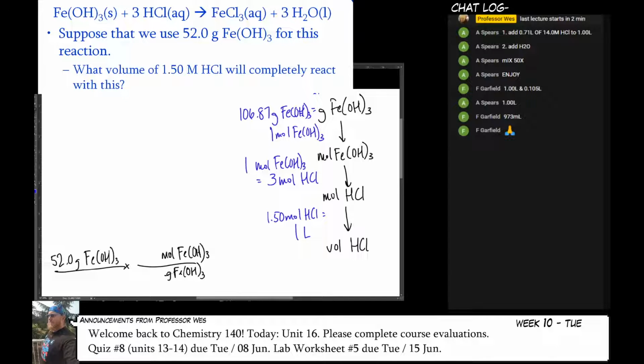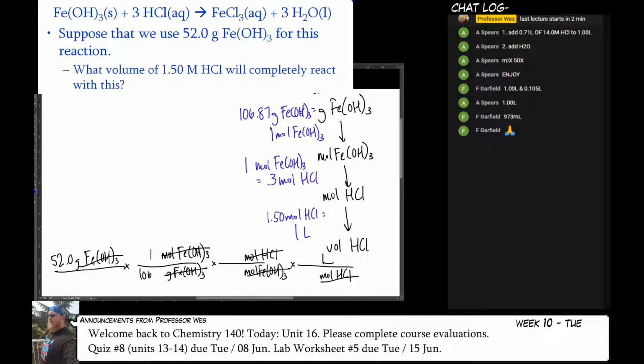Mole. There we go. Then moles of Fe(OH)3 to moles of HCl, just following our blueprint that we have here. Moles HCl per liter. Then we'll fill in the numbers.